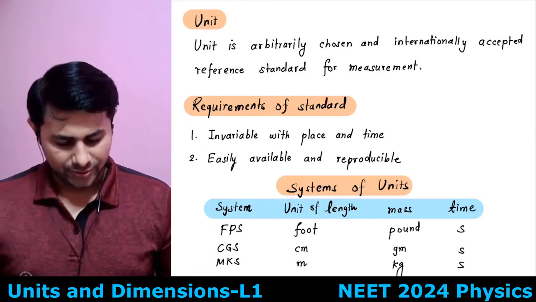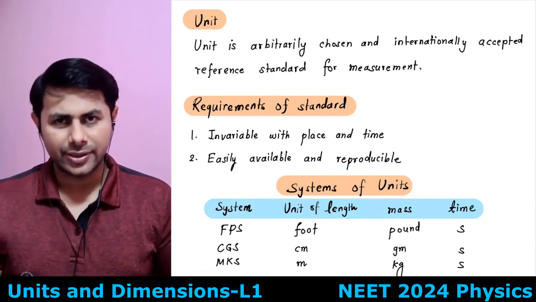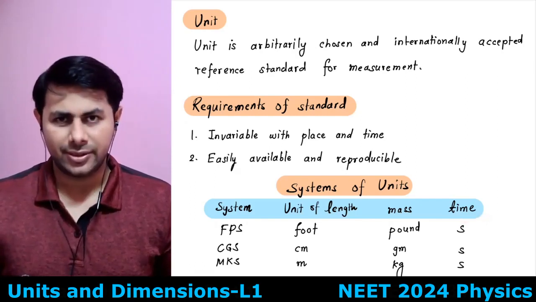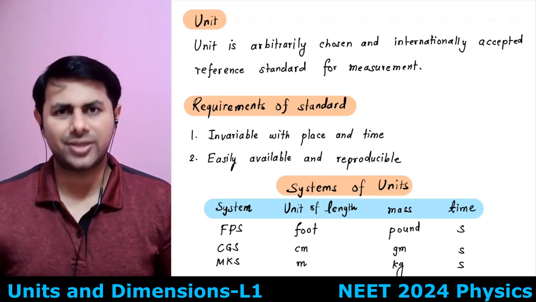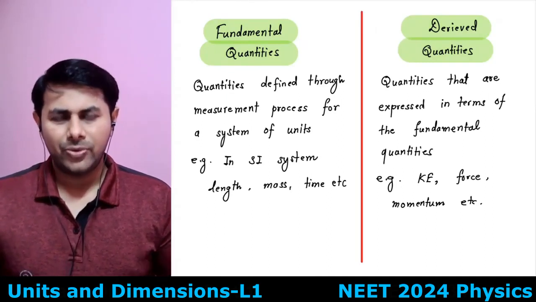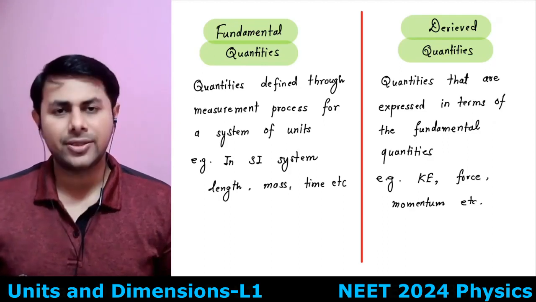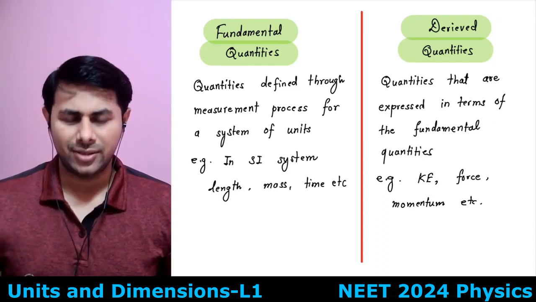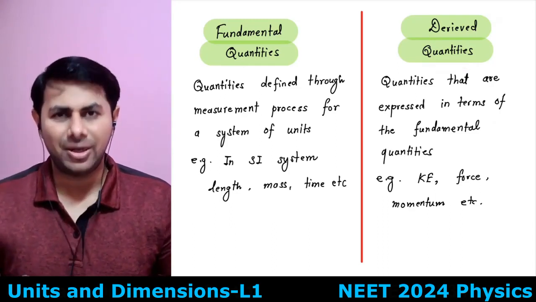You throw away mass and pick force, then length and time, and you will still be able to make units of all other physical quantities in mechanics. So if you define a system of units, you need to define some quantities by measurement, and those are known as fundamental quantities. All other physical quantities are known as derived quantities.